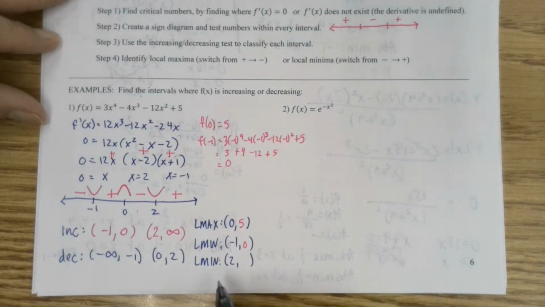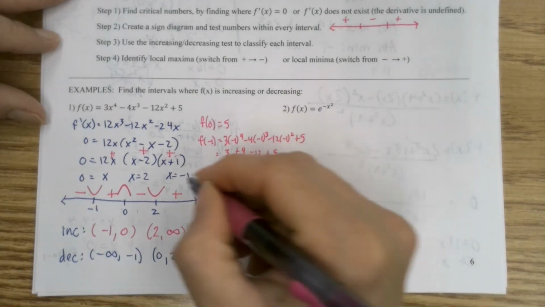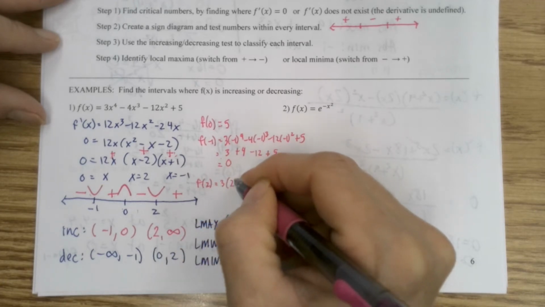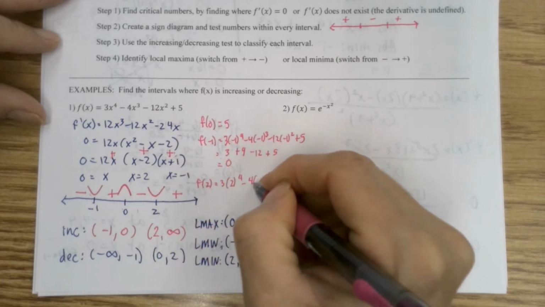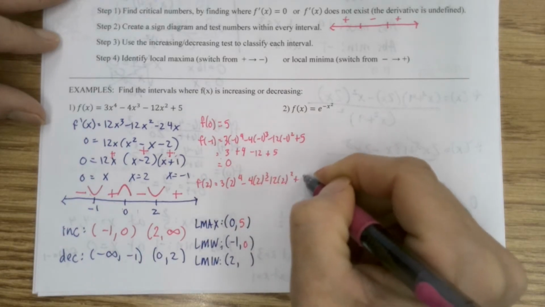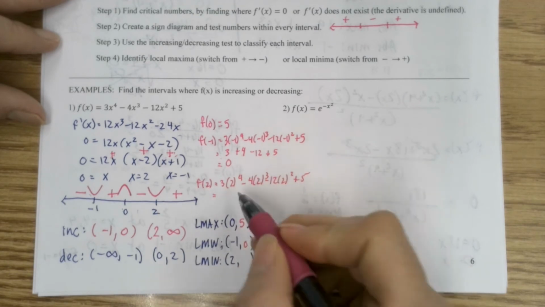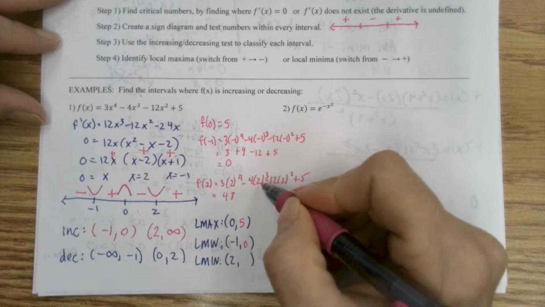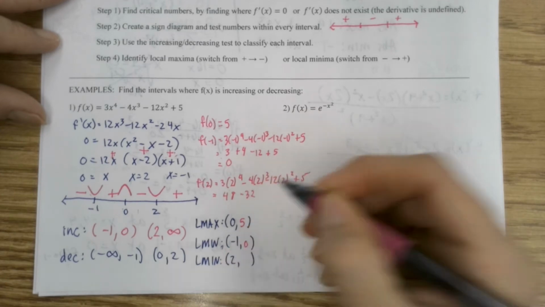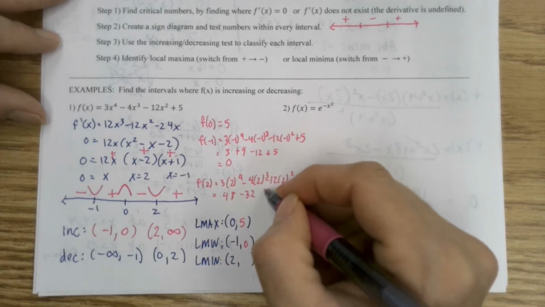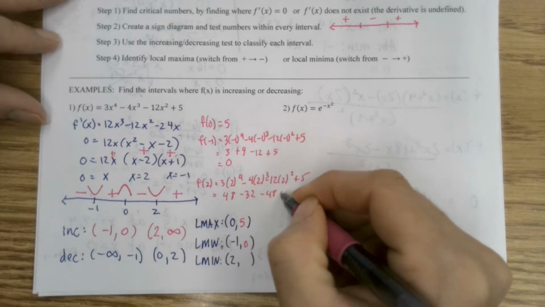And then our very last local min that we're going to look for is at 2. So 3 times 2 to the 4th minus 4 times 2 cubed minus 12 times 2 squared plus 5. So 2 to the 4th is 16 times 3 is 48. 2 cubed is 8 times 4 is 32. 2 squared is 4 times negative 12 is minus 48 plus 5.